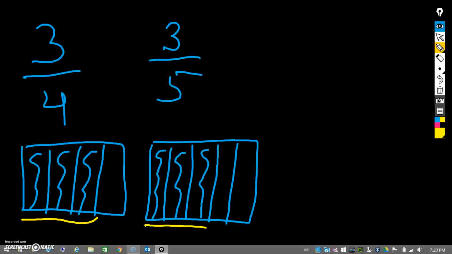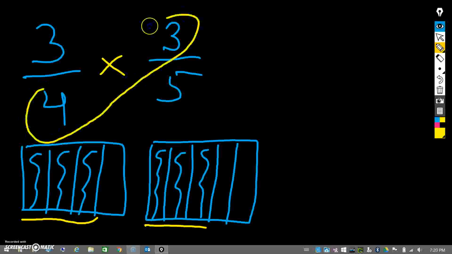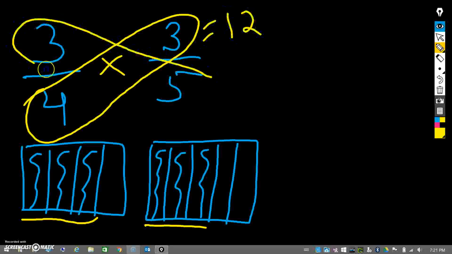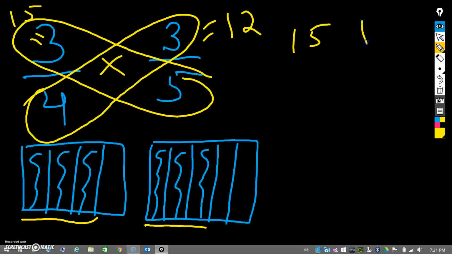Usually you'll be given a model, but if you're not, you can always use our handy dandy cross multiplication. Start at the bottom and go up to the top. 4 times 3 equals 12. 5 times 3 equals 15. Which is bigger, 15 or 12?